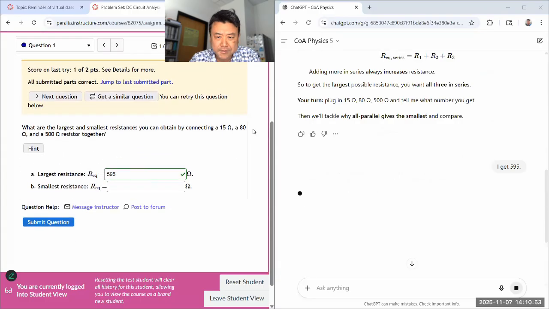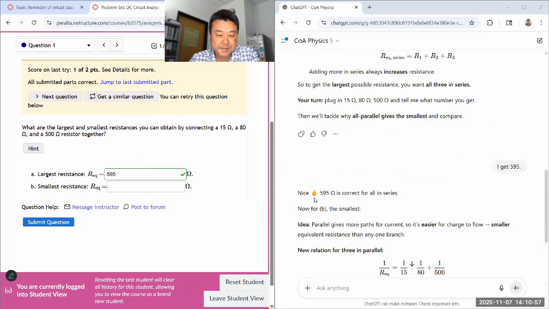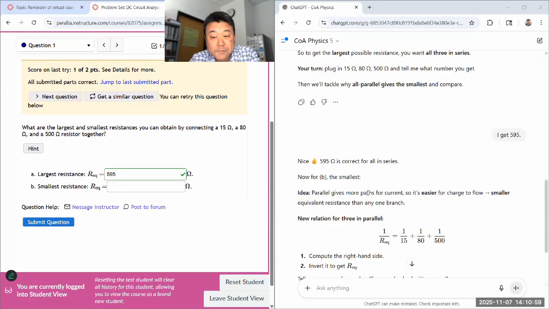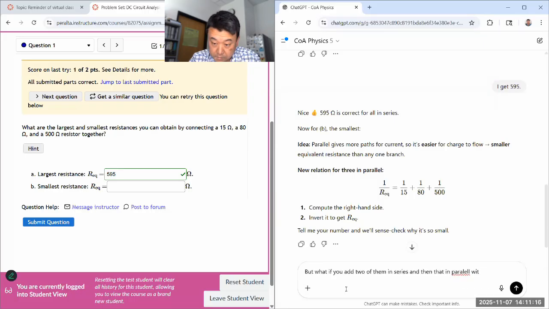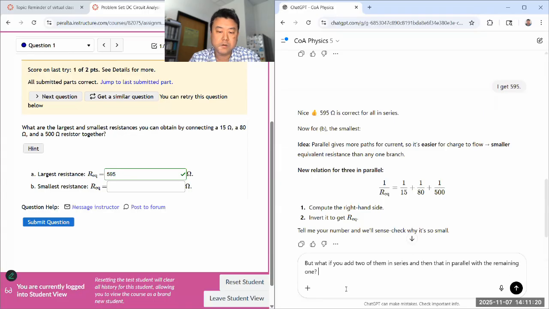I probably should have checked that these numbers are those numbers, but B is the smallest. Parallel gives more paths. Maybe you could do it that way. But what if you add two of them in series, and then that in parallel with the remaining one? Why wouldn't that help more?